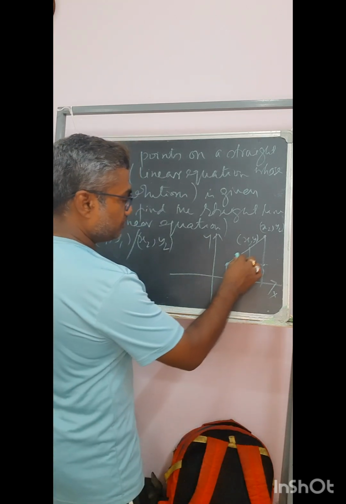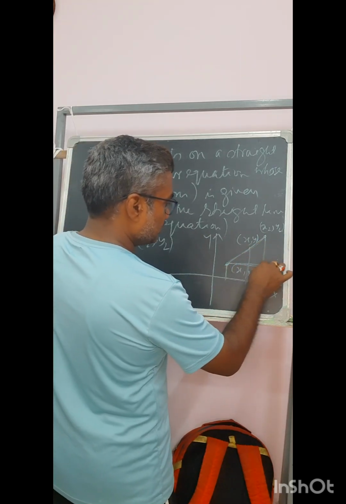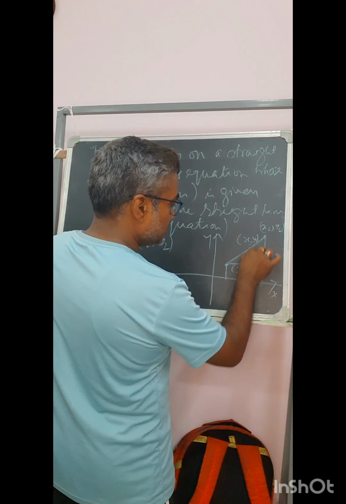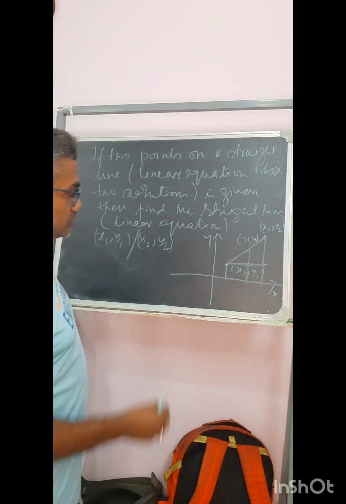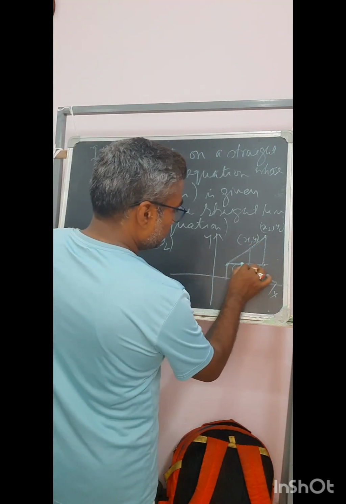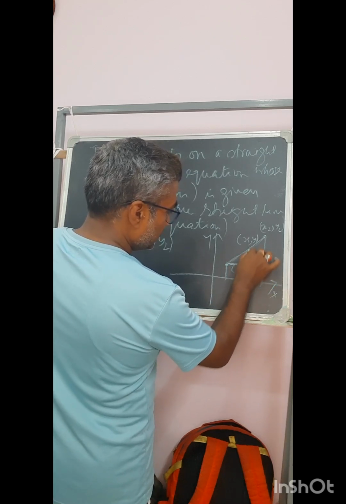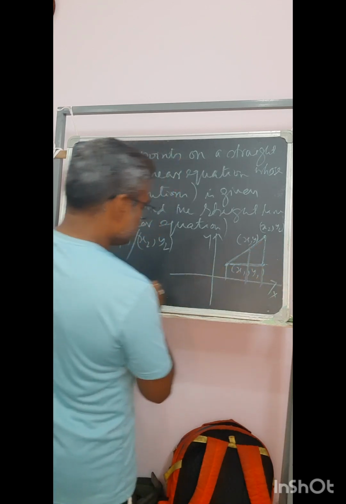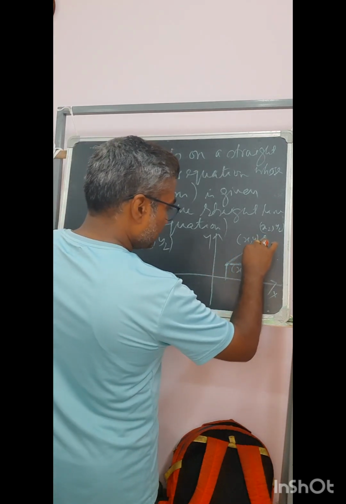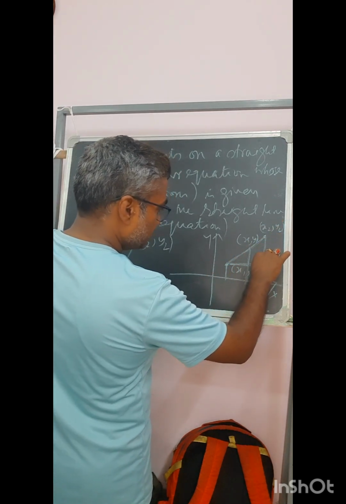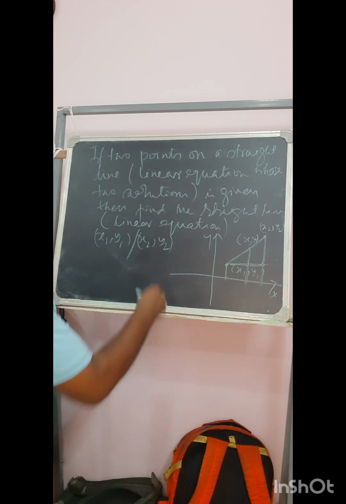So from this figure you can understand this smaller triangle and the whole triangle are similar triangles. So from the similar triangles I can say the smaller triangle base is to the bigger triangle base, is to the smaller triangle vertical to the bigger triangle vertical, this ratio will be same.